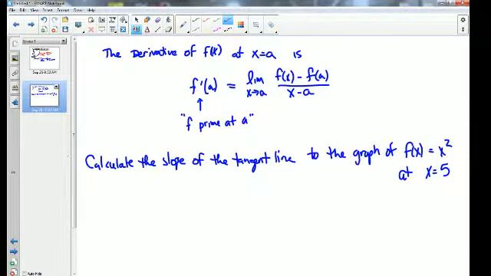Our definition has an a in it. What is our a value here? 5. So we're going to plug in 5 everywhere there's an a in here. So f prime at 5.